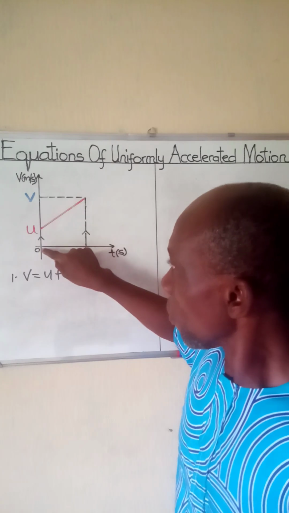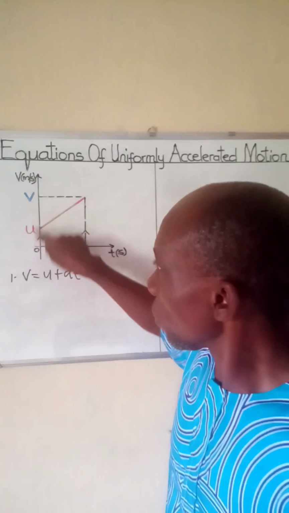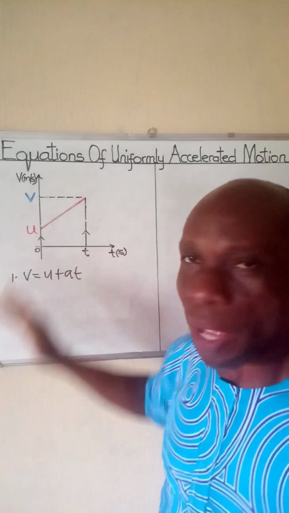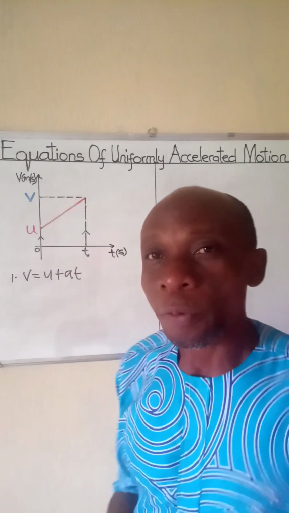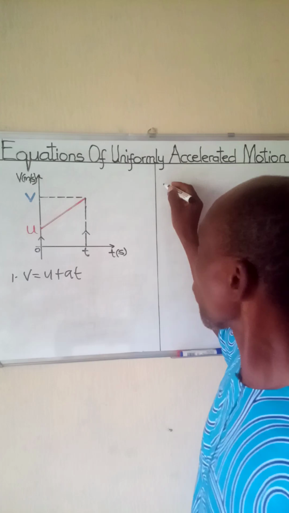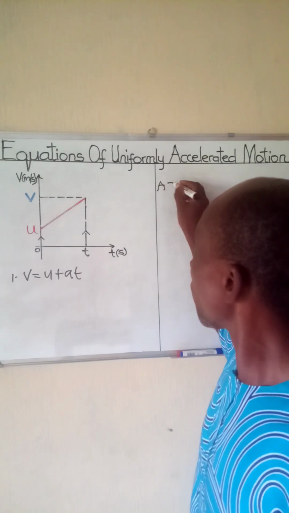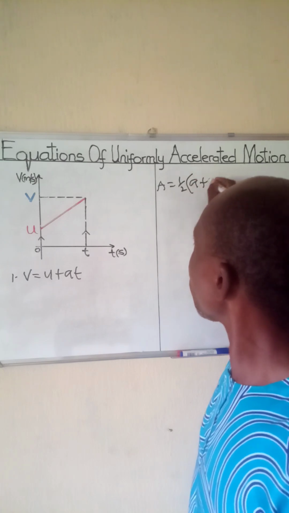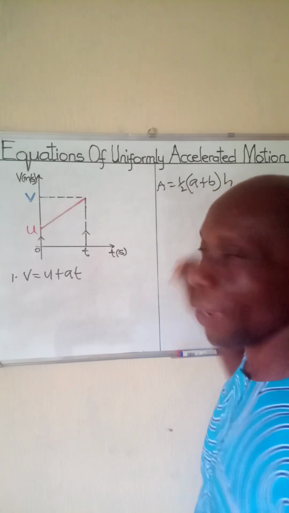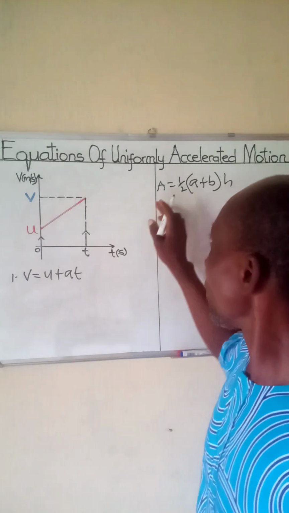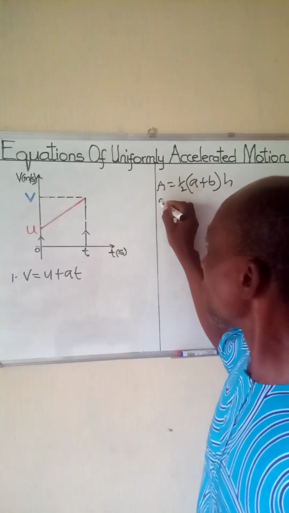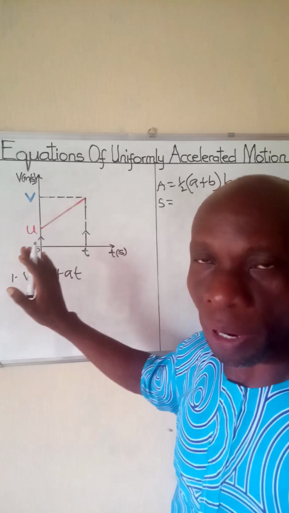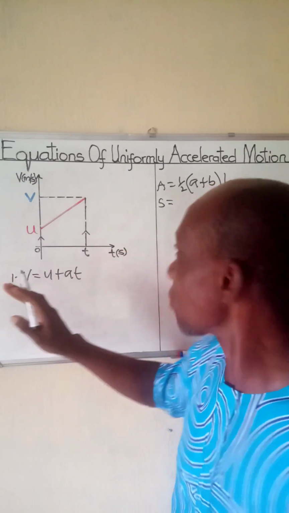From 0 to u, and also from 0 to v, those sides are parallel. Remember from the formula for area of a trapezium, we have that area A equals half the sum of the parallel sides multiplied by height. But in this case, our area will be represented by S, which is the total distance, because area under a velocity-time graph, like I said earlier on, gives you total distance covered.